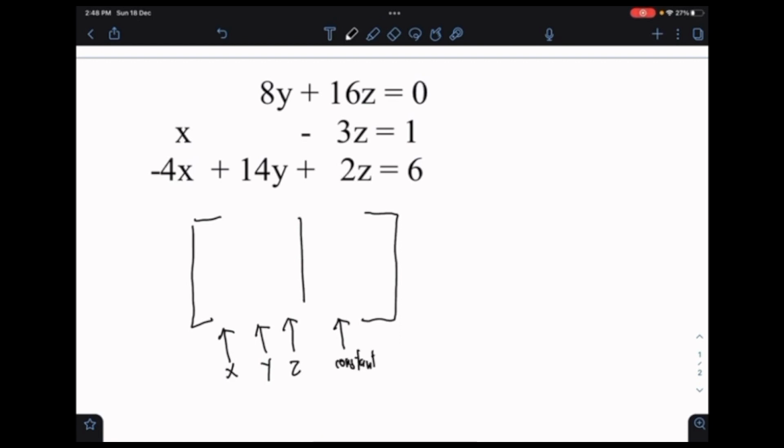So row number 1 is written as the first equation from the example above. Then row number 2 is for the second equation, and the third row is for the third equation. So according to the example above, we can write the system of equations into an augmented matrix like this.